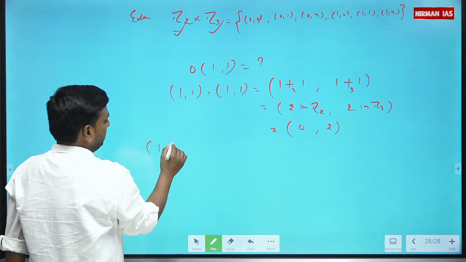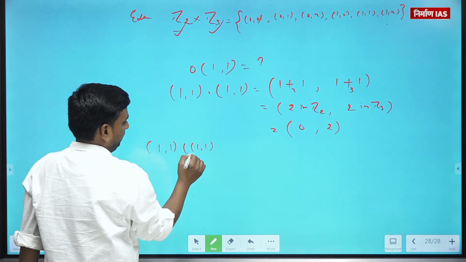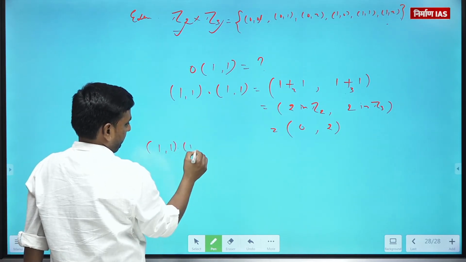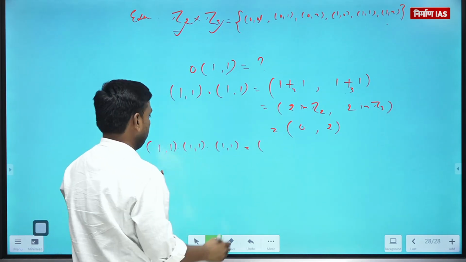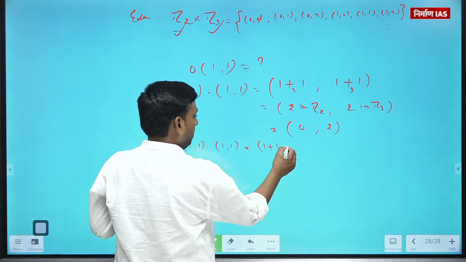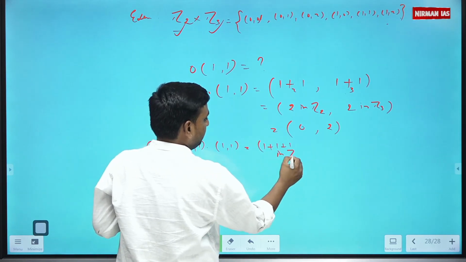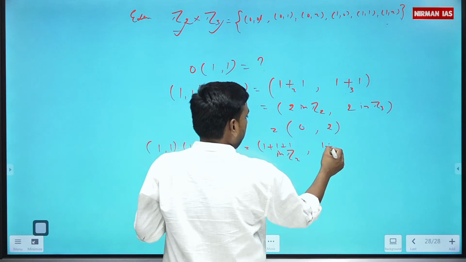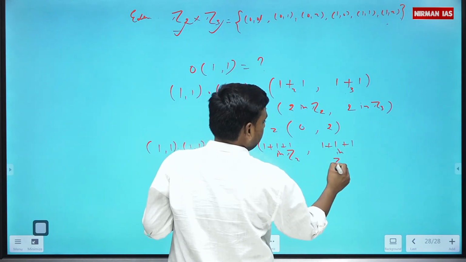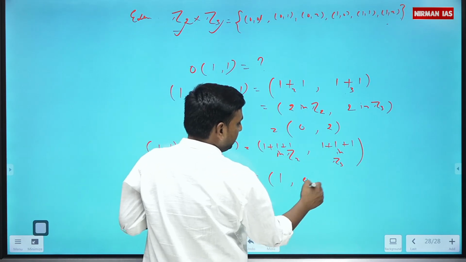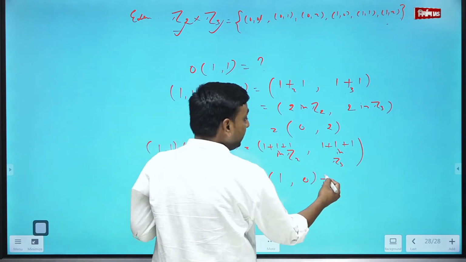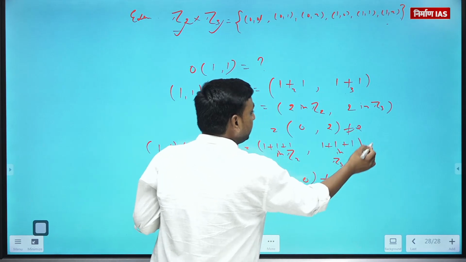Okay, now I do 3 times composition. What will happen? 1, 1, 1. This is in which group, children? In Z2. 1, 1, 1. This is in Z3. So 3 in Z2 is 1, and 3 in Z3 is 0. Again, this is not identity.